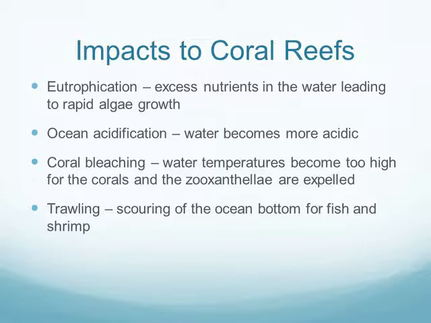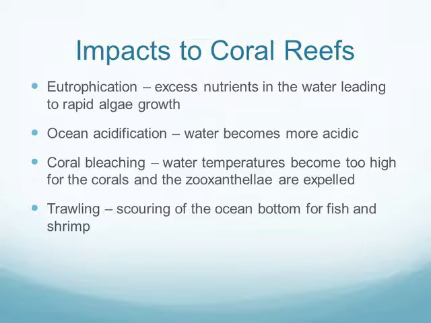And corals in particular need a basic condition. They need that pH to be 8 or higher in order to perform their calcium carbonate processes, in order to deposit calcium carbonate into their skeleton. If they don't have that basic solution, then they have a harder time growing and therefore surviving.